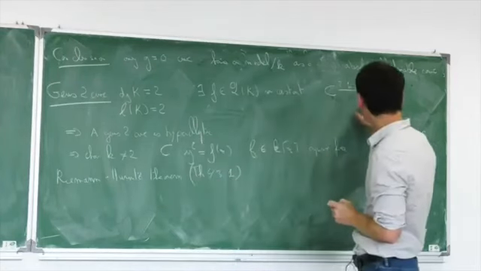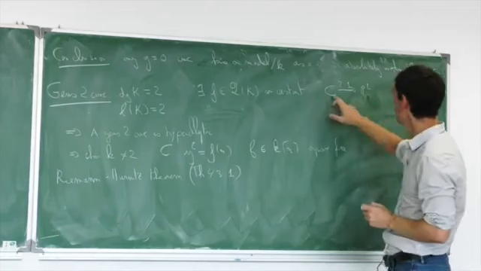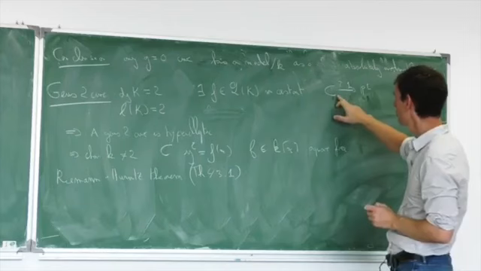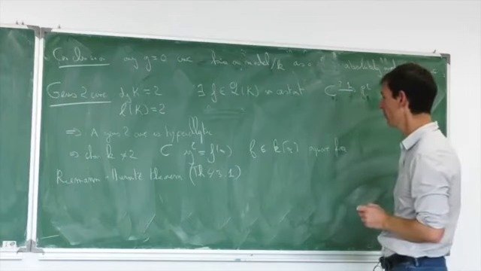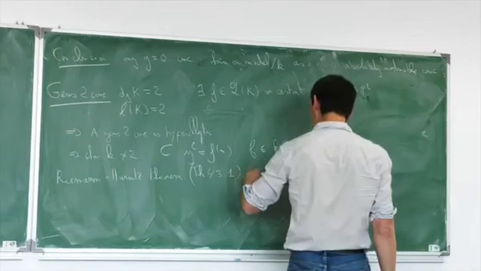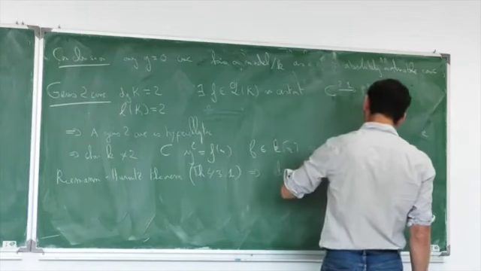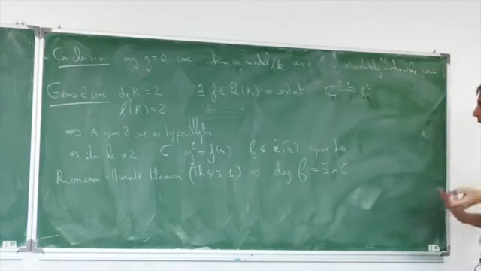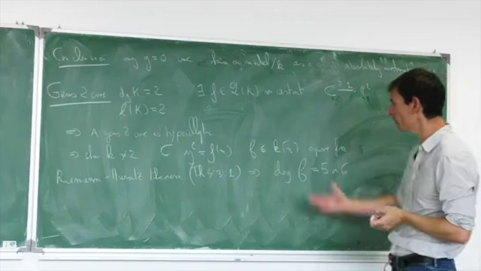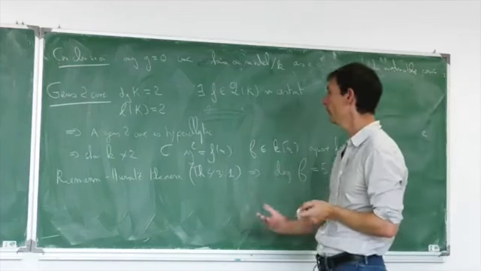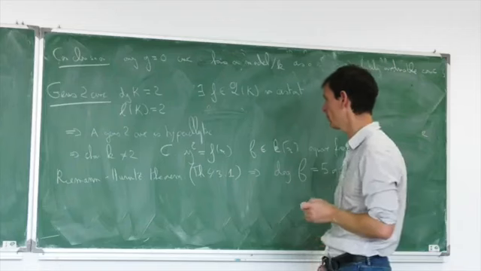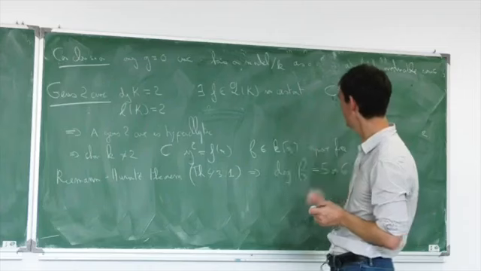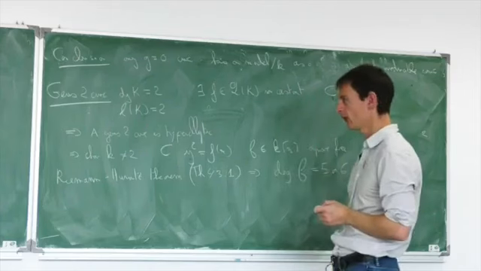It relates the genus of P1 with the genus of C, with the degree of the map and with the ramification points of this morphism. And doing this, you see that necessarily the degree of f has to be 5 or 6. So any genus 2 curve is going to be hyperelliptic, and over a field of characteristic different from 2 (you have to adapt when you are in characteristic 2), it can be written as y squared equal f of x with f a square free polynomial in K of x of degree 5 or 6.